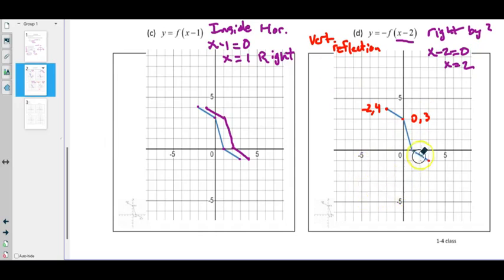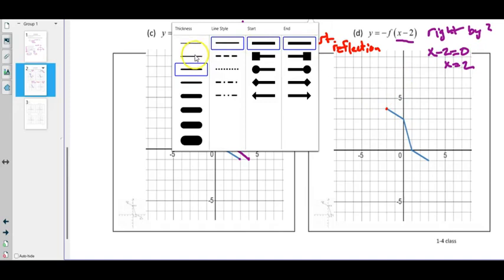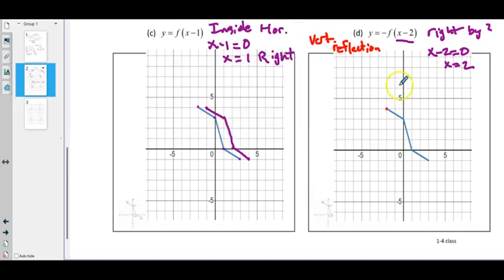Okay. However, we have to deal with both the horizontal shift to the right by 2 and the vertical reflection. Now, let's actually do this piece by piece. I'm going to label this point as, let's use this point as A. Where would point A move?